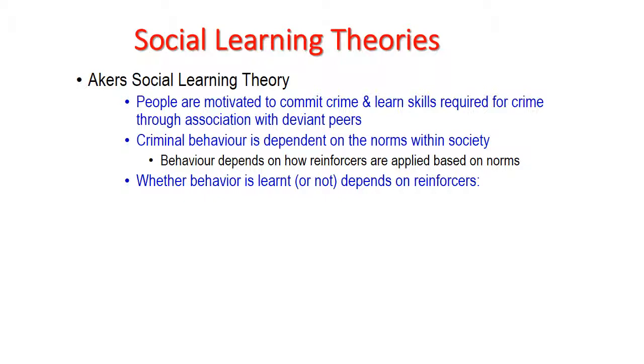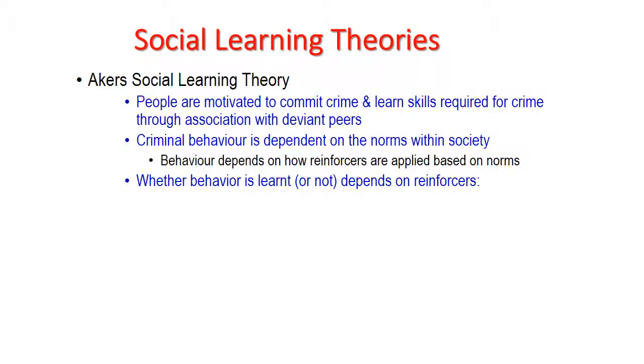He asserts that if you have delinquent friends, you're more likely to indulge in delinquent behaviors, because he believes in the old adage that birds of a feather flock together. He cites that delinquent kids are more likely to hang around one another because they share a common trait of delinquency, and because they hang around and they frequently interact with each other, this trait of delinquent behaviors is actually amplified.